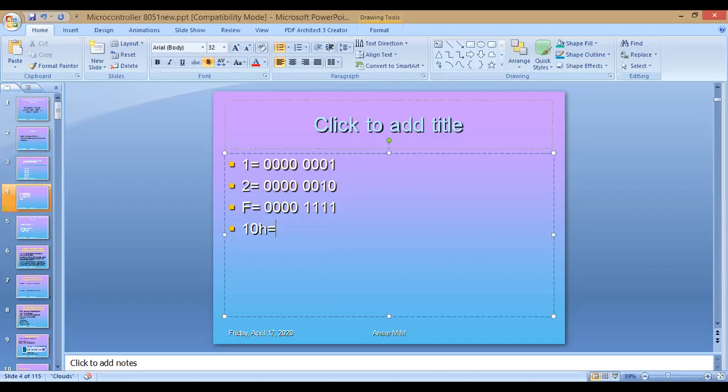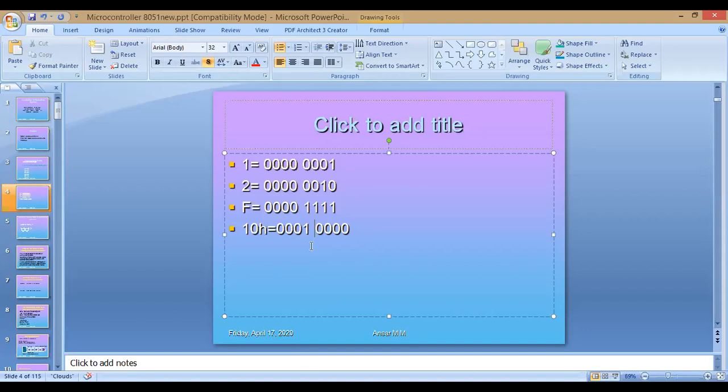This hexadecimal 10 will be represented in binary in this way: 0, 0, 0, 1, 0, 0, 0, 0. This is the binary number. So the hexadecimal number 10 will be a 5-bit number.